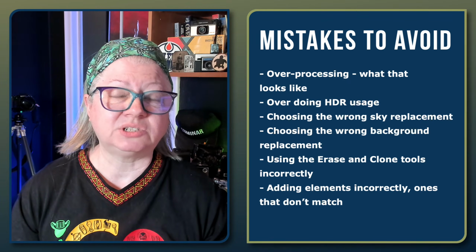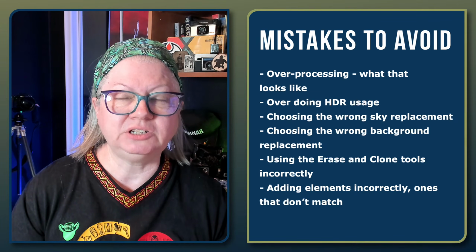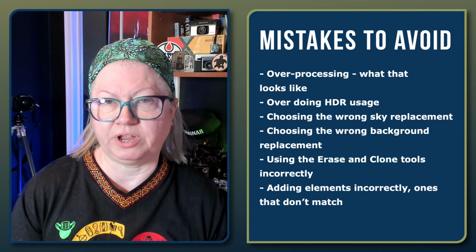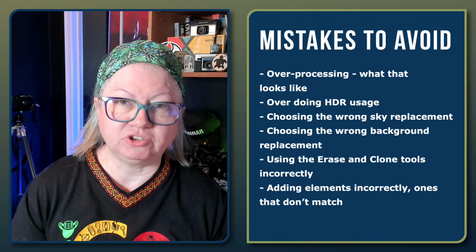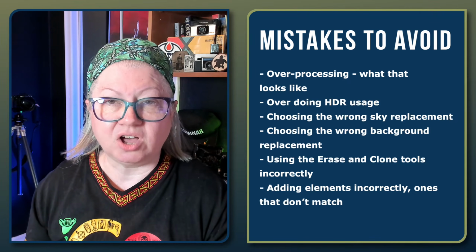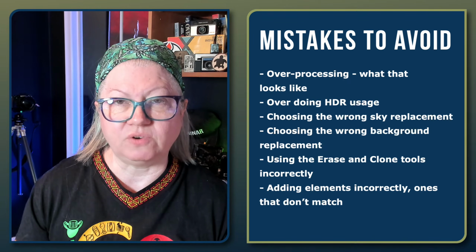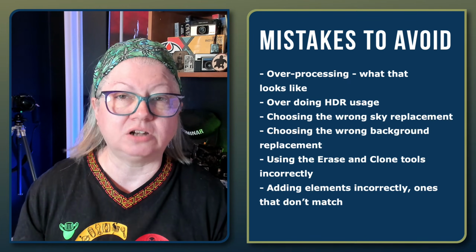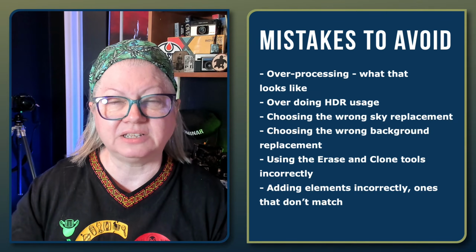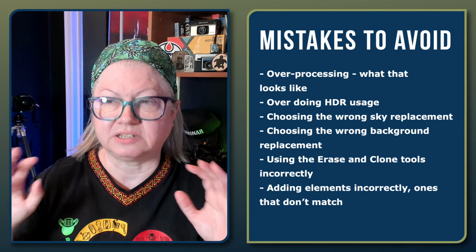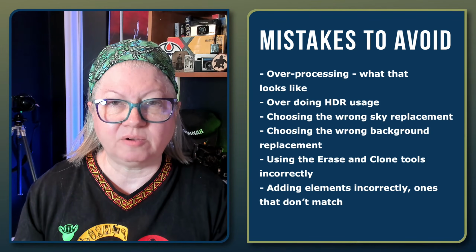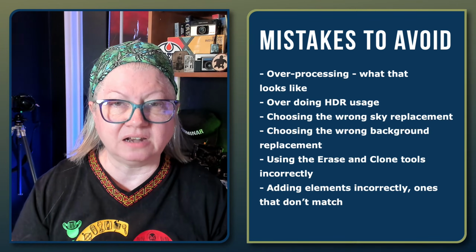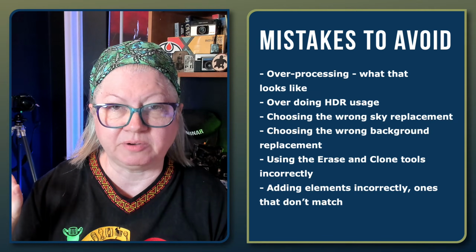When we get into sky replacement, I'm going to show you what it looks like when you put in a good sky, one that matches well with the original image, and one that does not, and the things that you need to look for that make it not be the right sky. Okay, I can look at a sky replacement that's been posted in a group. They haven't said that it's a sky replacement, but I know instantly the sky has been replaced.